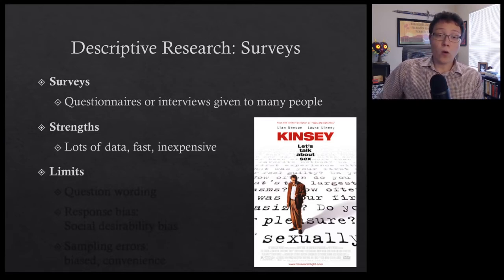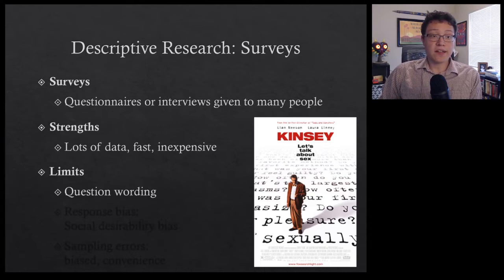But it's not the only thing. There are some limits. There might be issues with question wording. We actually see in experiments we'll talk about, in some of the memory research, how we word questions can change our answers. If I have you watch a video where two cars hit each other, and I ask you how fast those cars were traveling when they hit each other, I can actually make you choose different speeds based on my question wording.